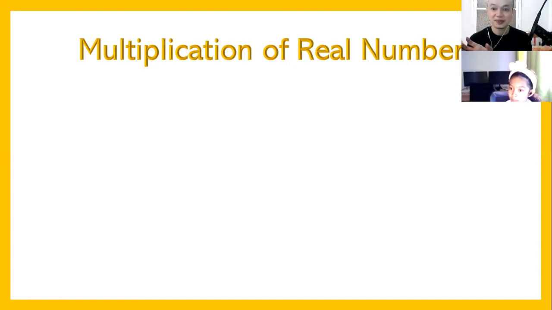If the numbers are of different signs, the product is negative. That's very simple. That's the only rule for multiplication. Same sign, positive. Different signs, negative. Odd number, negative. Even number, positive. Okay? When you say odd number, can you remember what is odd number?